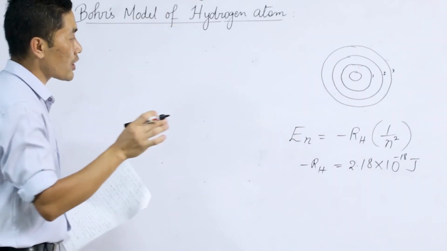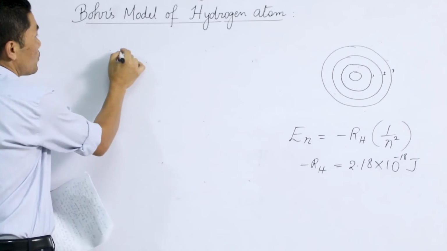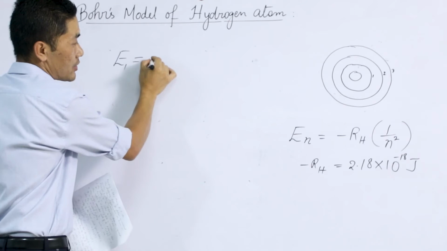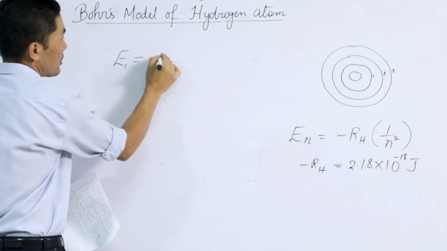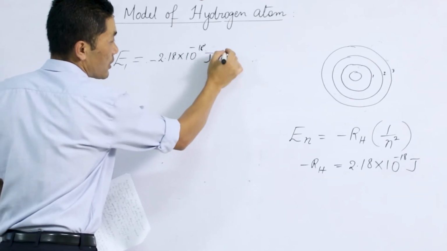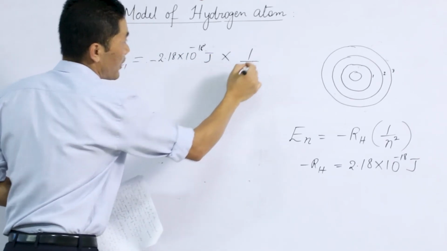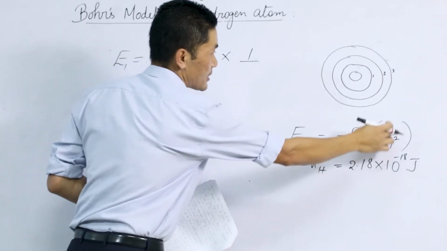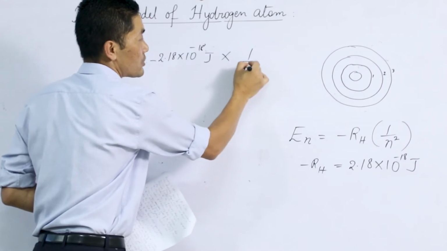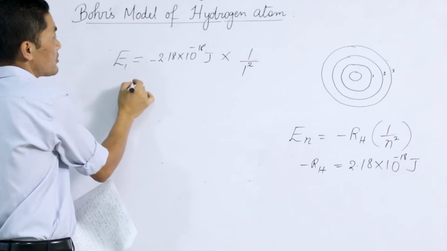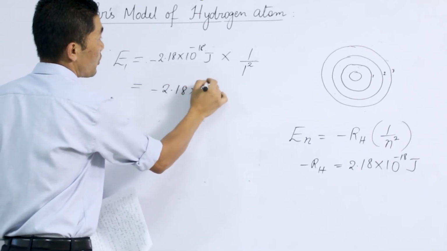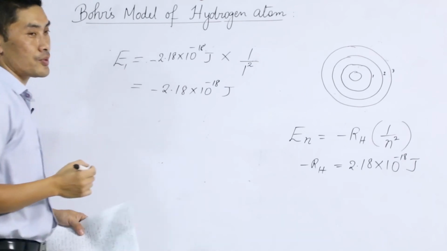If we want to calculate the energy of the first orbit, then we can write E1 equal to minus RH, whose value is 2.18 into 10 to the power minus 18 joules, into 1 by n squared. Since we are calculating the first orbit, this will be 1 squared. So the energy of the first orbit will be equal to minus 2.18 into 10 to the power minus 18 joule.